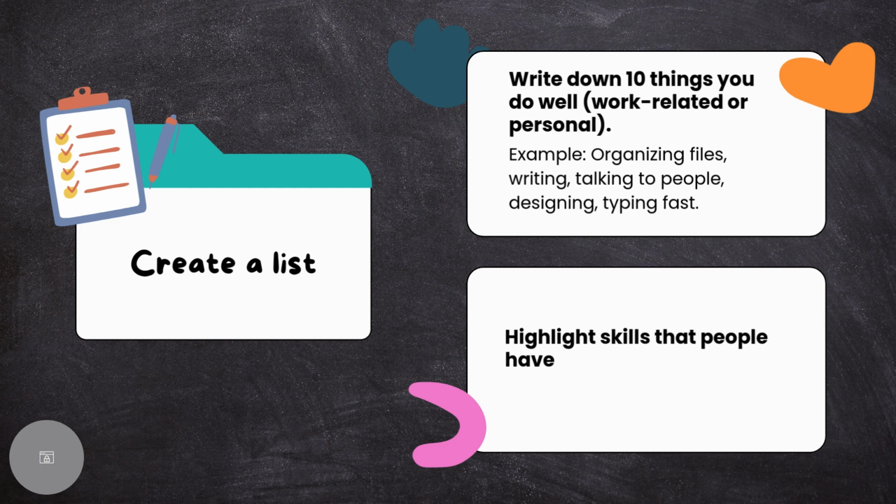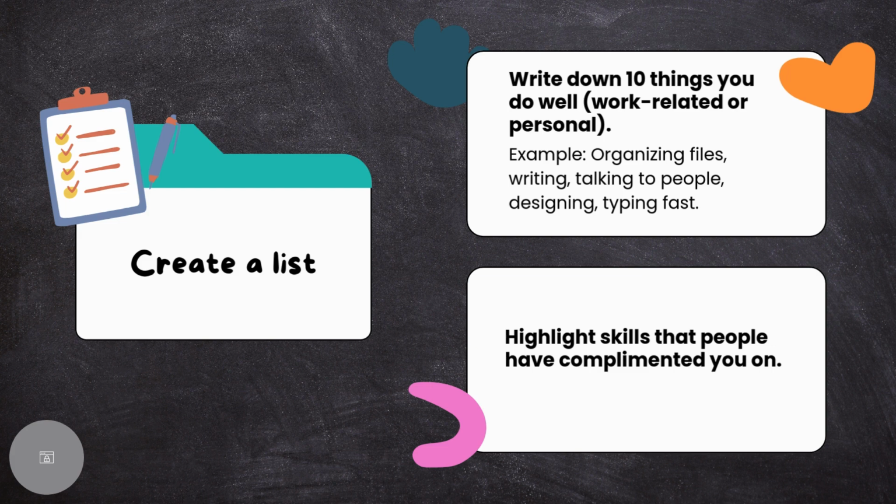In creating a list, you have to write down 10 things you do well. It could be work related or personal. Here are some of the examples: organizing files, writing, talking to people, designing, or typing fast. So, if you're good at these things, then write it down on your list. After that, highlight skills that people have complimented you on.